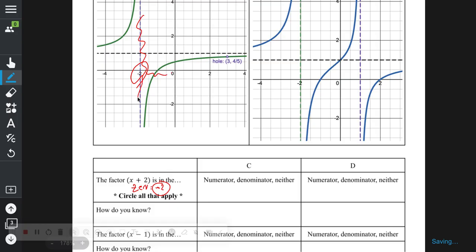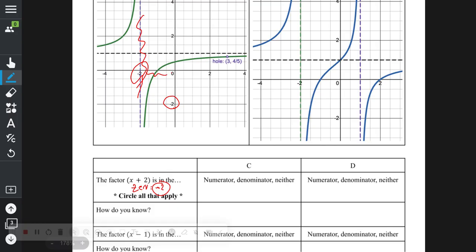Hey, guess what? We have a vertical asymptote there. We can go down to negative 2 on the y-axis, but that doesn't really mean anything in terms of what a factor will do given its placement in the function.